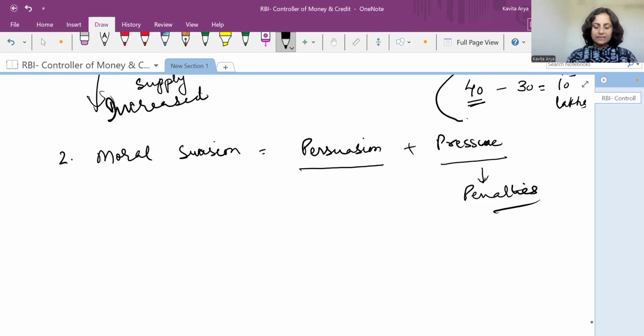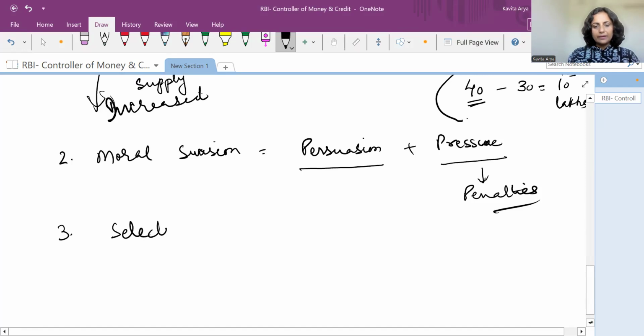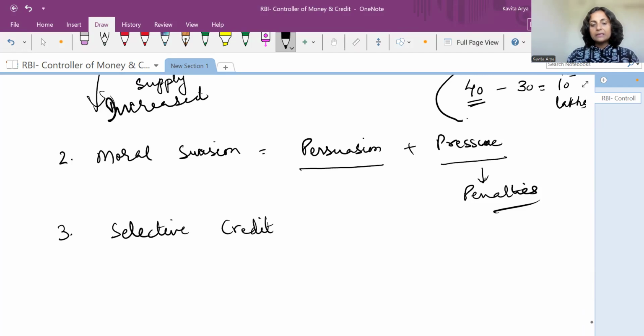And then the last is selective credit control. When I say selective credit control, it means there is a direction given by the RBI about which sector should be boosted and which sector should not be given loans.